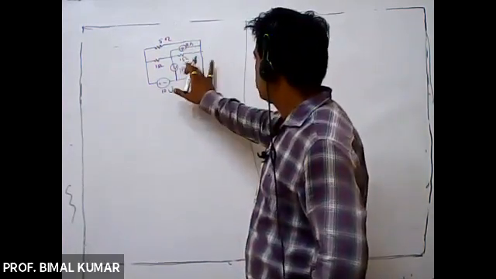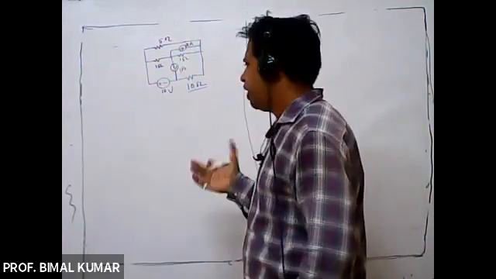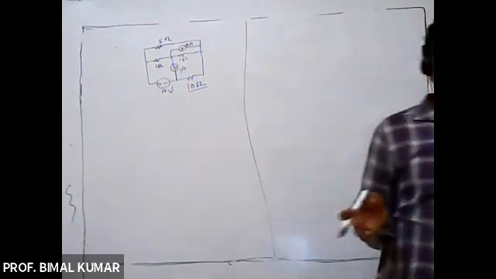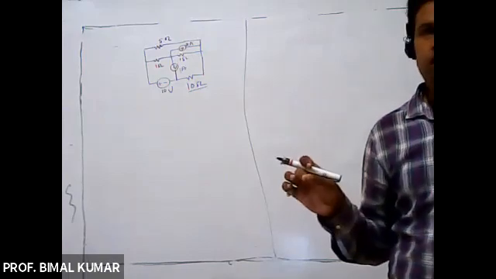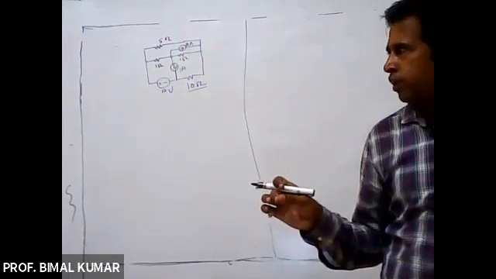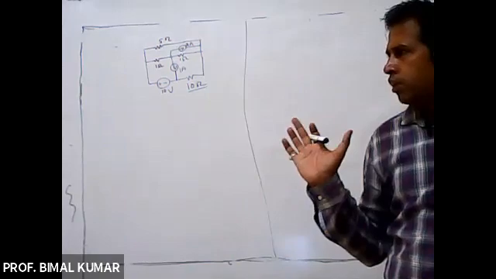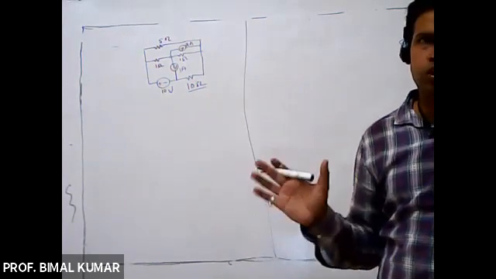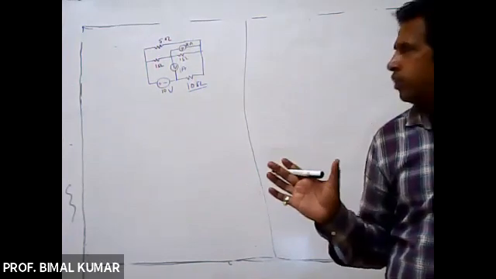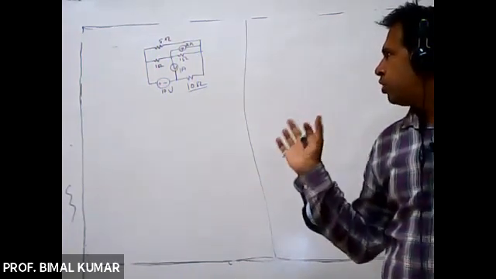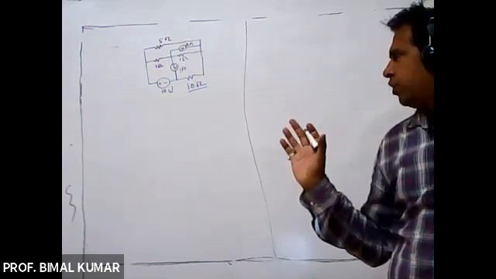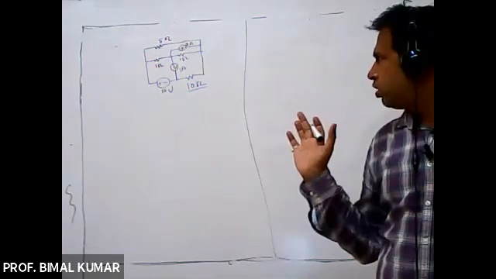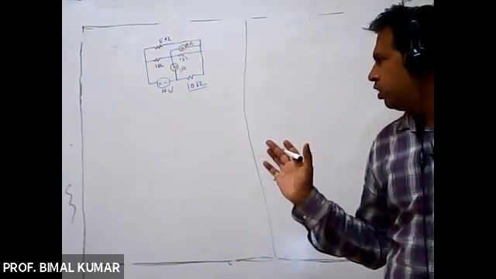I had already told you, if more than one energy source is present, then the superposition theorem may be utilized. So here I am going to apply the superposition theorem for calculating the current in the 10 ohm resistor.